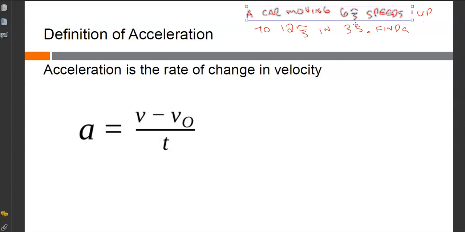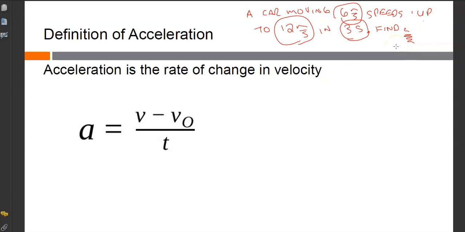Right there's a number, right? That 3 seconds. That's one of the numbers that we're trying to fish out of this problem. Here's another one, 12 meters per second, 6 meters per second, and then over here somewhere it used to say find the acceleration. That's actually another number. So there's 4 numbers in that problem.